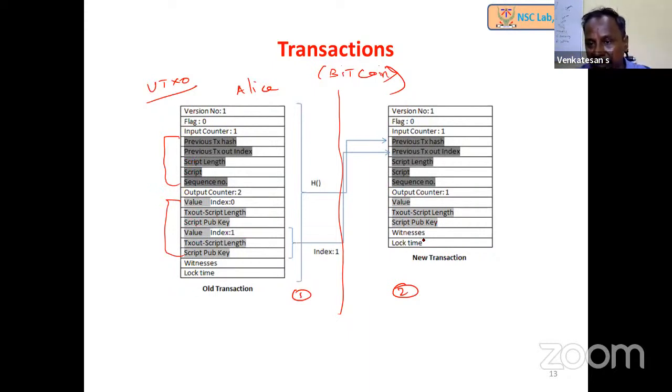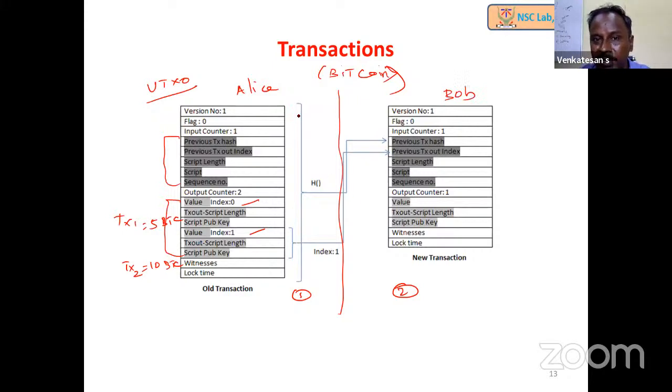Now, let's see the right side, that is part number 2, where we are going to spend this transaction. Let's say there are two input output transactions here, index 0 and index 1, transaction 1 and transaction 2. So this has 5 BTC and this has 10 BTC. Now, there is a transaction going to happen between Alice and Bob.